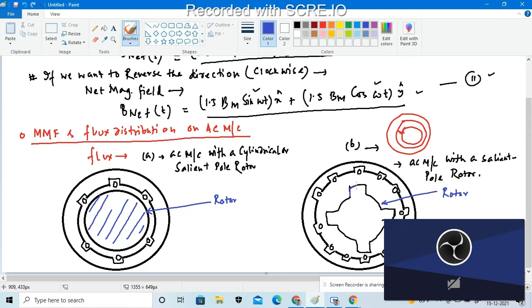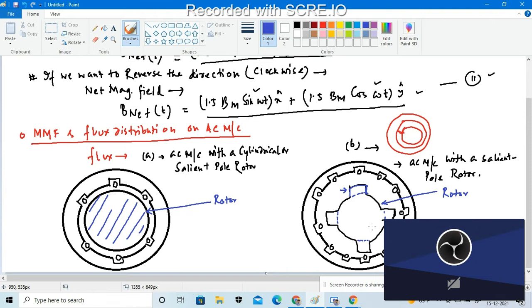This will be out from the cylindrical surface. So if the rotor during construction has a pole face projecting out from the cylindrical surface, then the machine is said to be a salient pole machine.